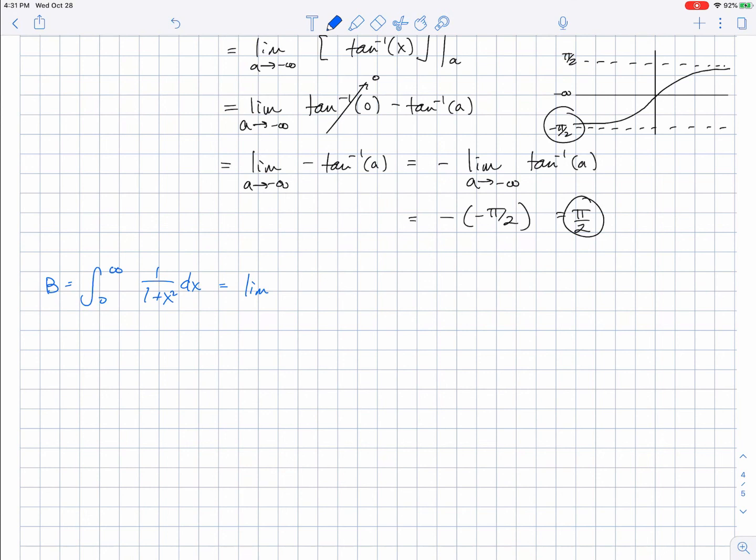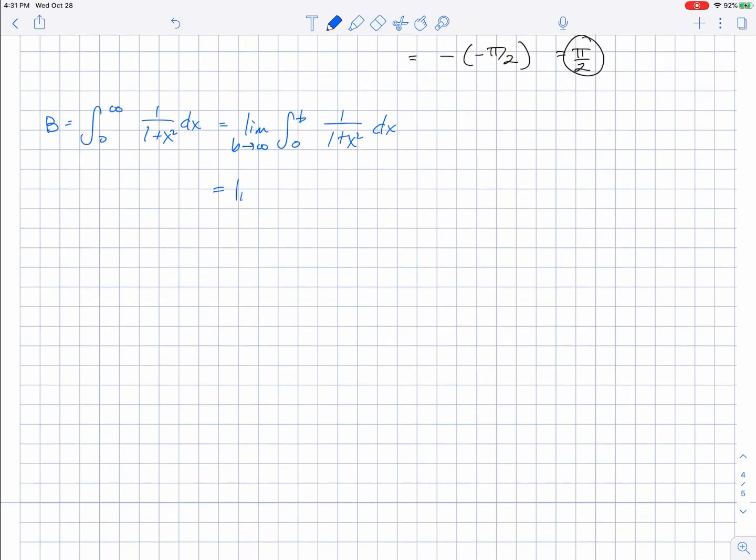And this is going to be the limit as b approaches infinity of the integral from 0 to b of 1 over 1 plus x squared dx, which is the limit as b approaches infinity of the arctangent of x evaluated between 0 and b, which is the limit as b approaches infinity of the arctangent of b minus the arctangent of 0.